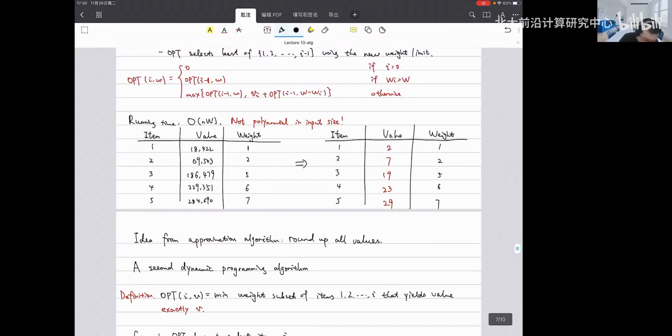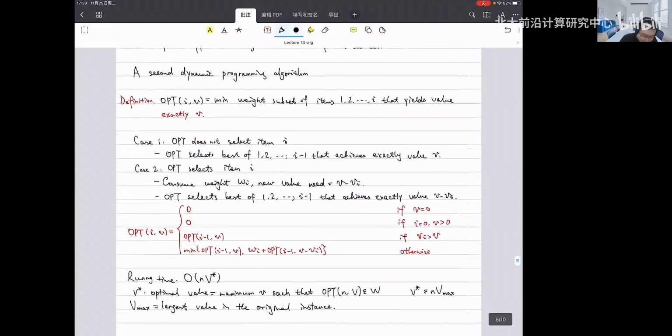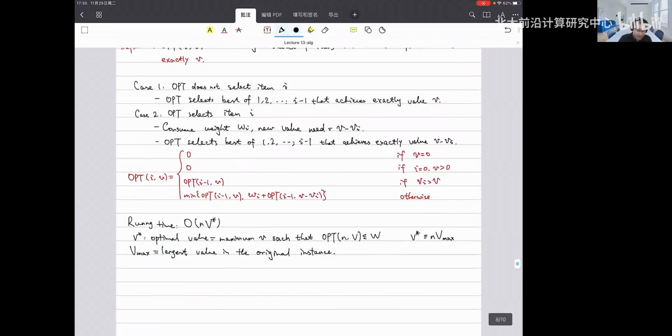For instance, here V max is just this value. So if the running time is O of n times V star, then based on the fact that V star is at most n times V max, this is O of n squared V max.